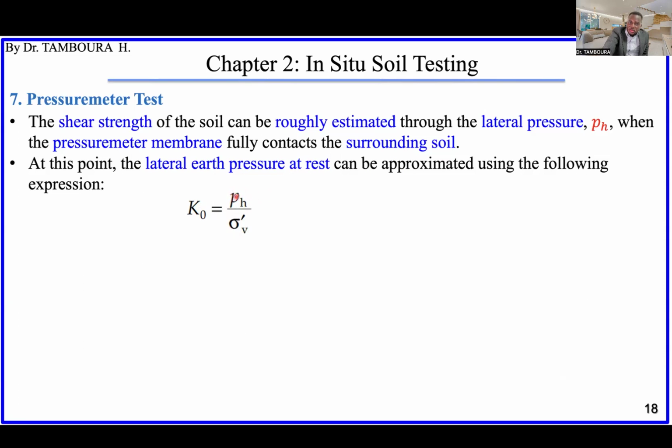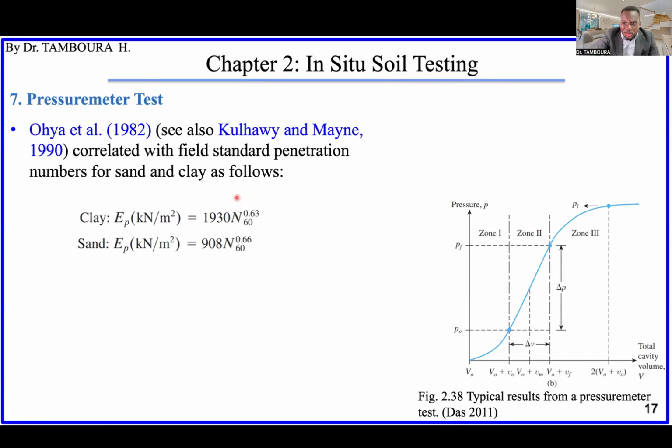So in this case, the PH here, I will go back a little bit again. This figure is what I want. It is equivalent to this P0. Do you remember when we explained this first zone, the zone where the soil returned to its original state, okay, before disturbing the soil.